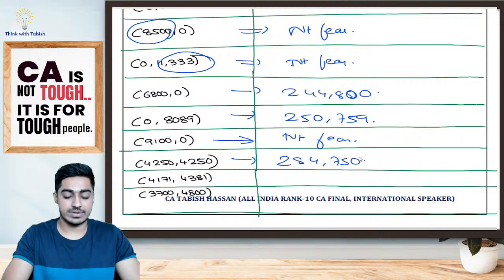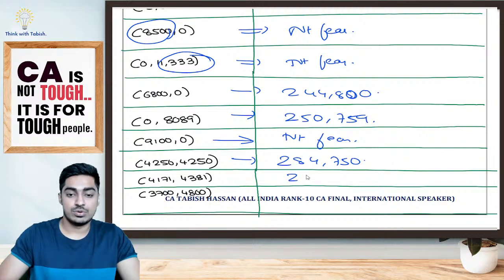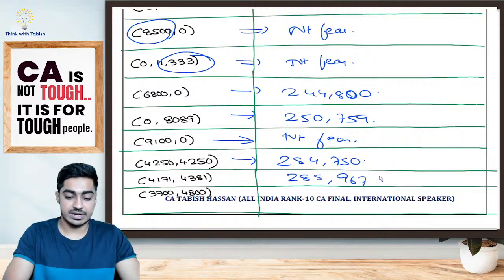Now, 4,171 into 36, 4,381 into 31, 2,85,967. Last one is 3,700 into 36, 4,800 into 31, 2,82,000.